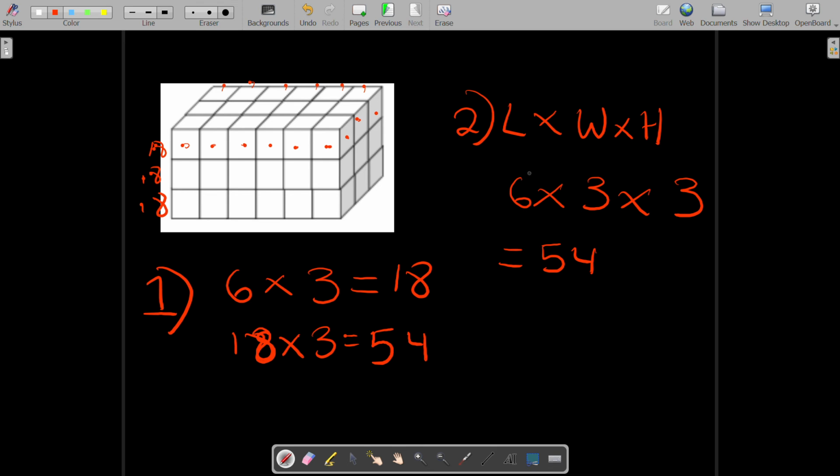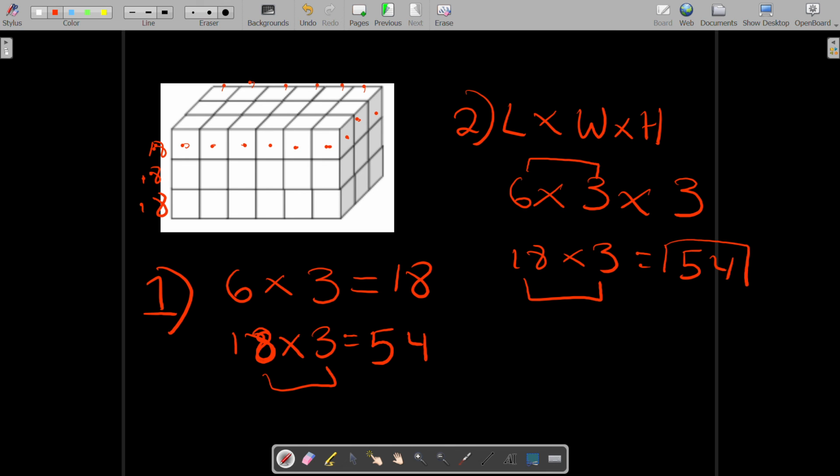To break it down, we just did 6 times 3, which is 18. So let me just write it down. So we did 18 times 3. As you can see, we get the same thing as this. These are the same thing, and so we would also get the same answer.